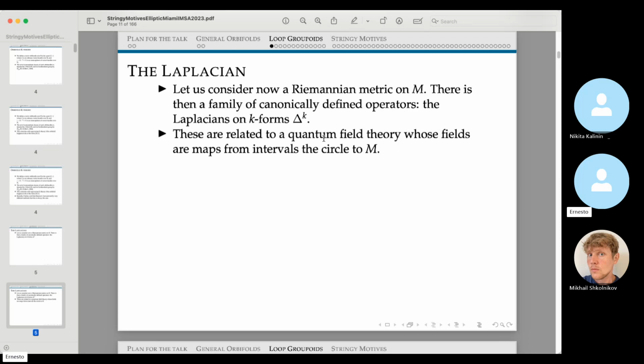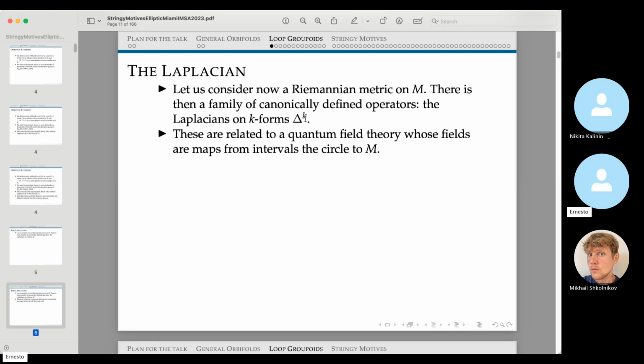This is the basic desideratum. This is what we would like to have: some sort of operators on Hilbert space that mimic, in a non-commutative fashion, functions on the space of fields of the quantum field theory. Now, spaces of fields are typically these infinite-dimensional spaces.